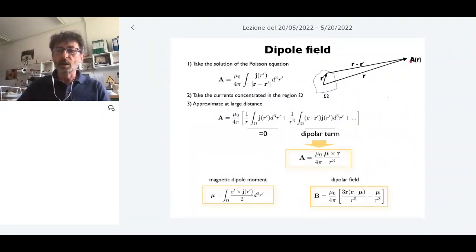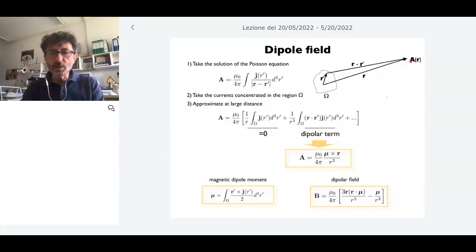So suppose R is the coordinate of the point where we make the observation, and R minus R prime is the distance between the point where we make the observation and the sources. So R prime is limited, it's limited to this small region. This means that we can make a series expansion of the terms that we have there.